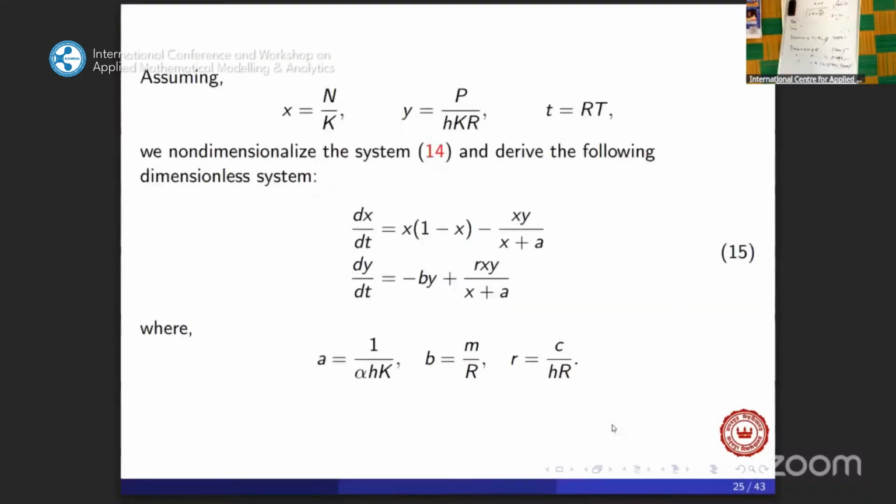Next. See, we consider the values of x and y and we non-dimensionalize the system. We get equation number 50. You see, in the earlier model the number of parameters is 6, but here the parameters are only 3. So we can control and say very easily whether in the parametric region the system is stable or not.